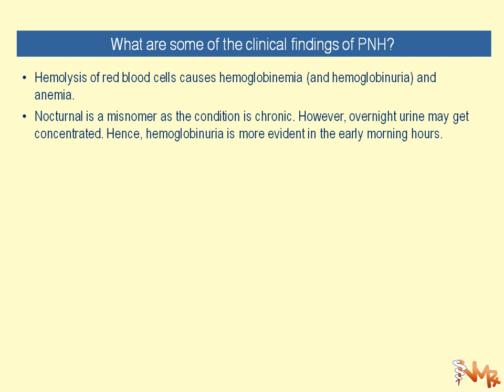However, if you're interested why we call it nocturnal, because during the night people sleep and usually don't use the bathroom as often, so the urine may get concentrated. And in the concentrated urine, if we have hemoglobin there, that causes redness of the urine in early morning hours. This is the explanation that I personally like and many others like.